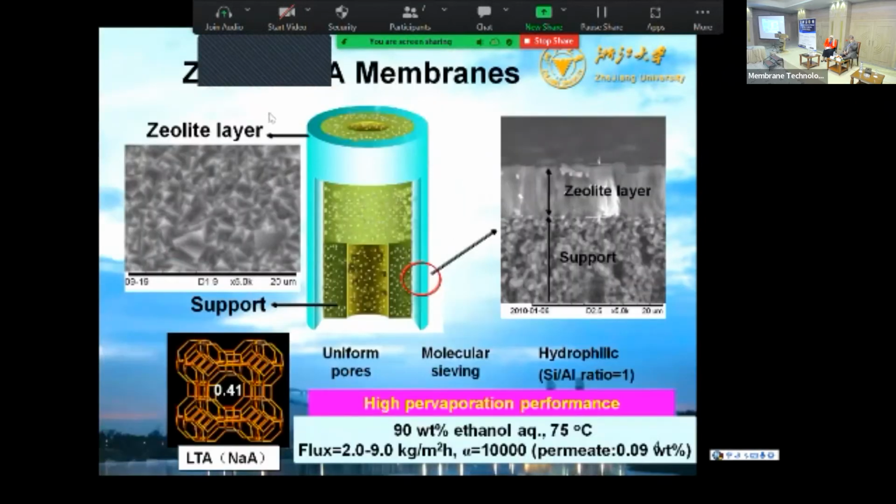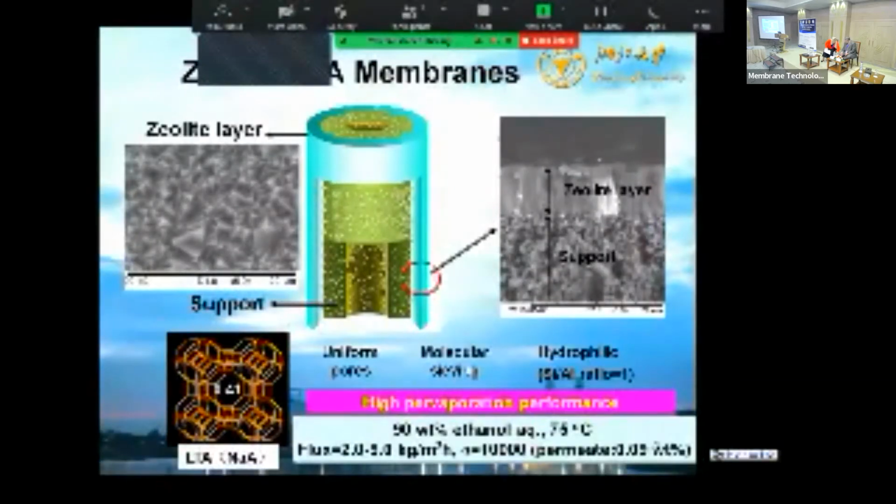Let's start my talk. Zeolite sodium A membrane has a dense continuous zeolite layer on a porous support, and zeolite crystals are intergrown very well on the surface. Zeolite A has uniform pores and molecular sieving functions, and it is very hydrophilic.